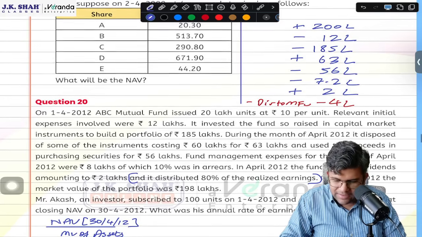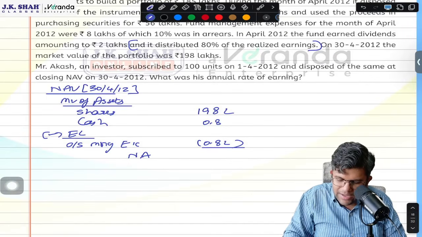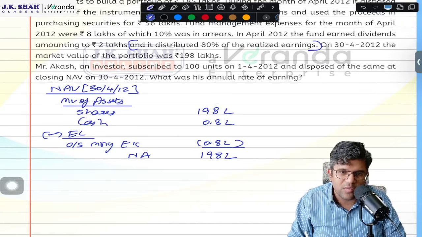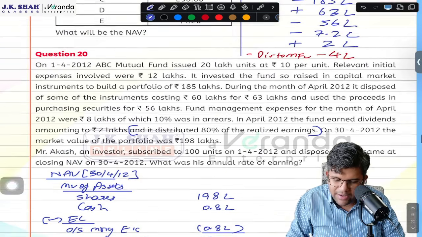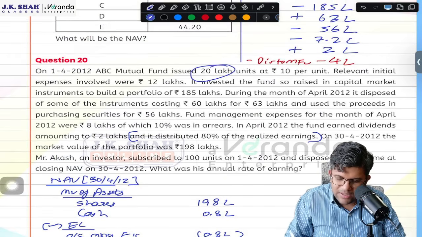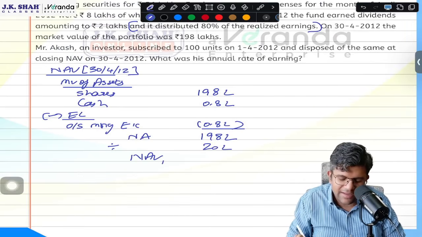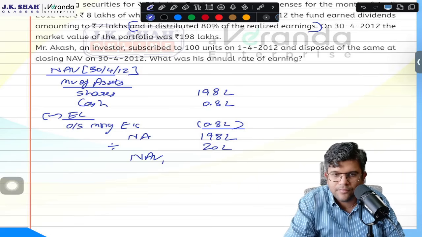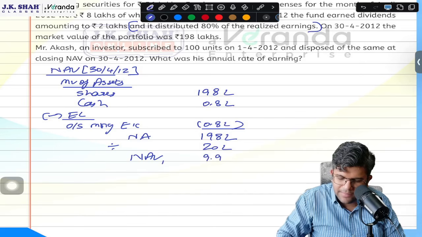That 80,000, students, I will write it as 0.8 lakh here. And can I say my net asset eventually comes to 198 lakh. This 198 lakh, I will divide by number of units. Number of units are 20 lakh. Can you please tell me how much is NAV at the end of the month? 9.9.